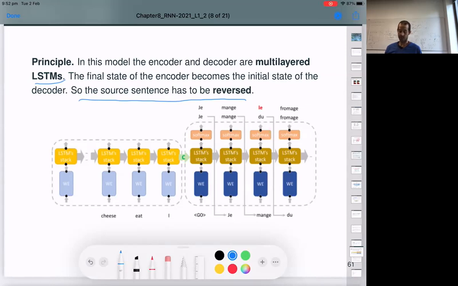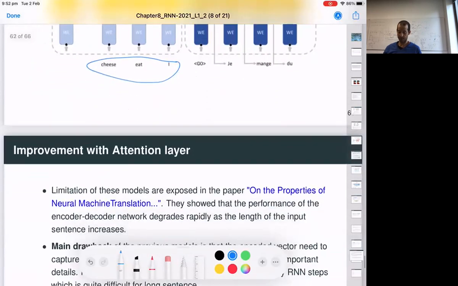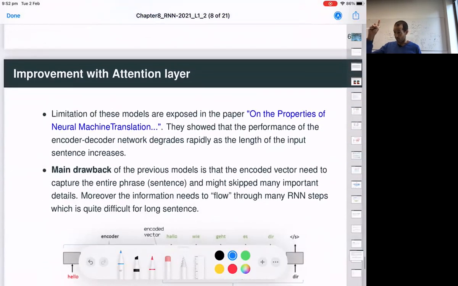So if you put in, okay, you understood. You have understood why it is in the different direction. Okay. So if you want to learn something, I eat cheese. Je mange du fromage. Ou je mange le fromage. Very good point. And I hope somebody will take this for the project.